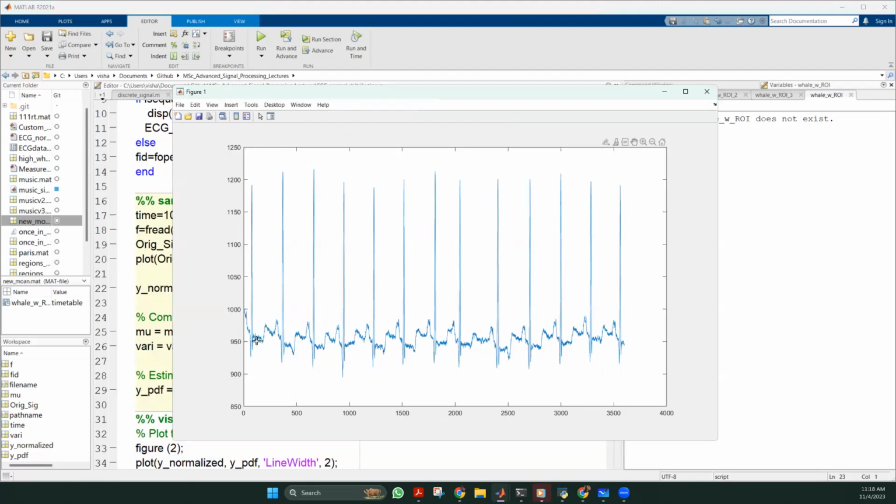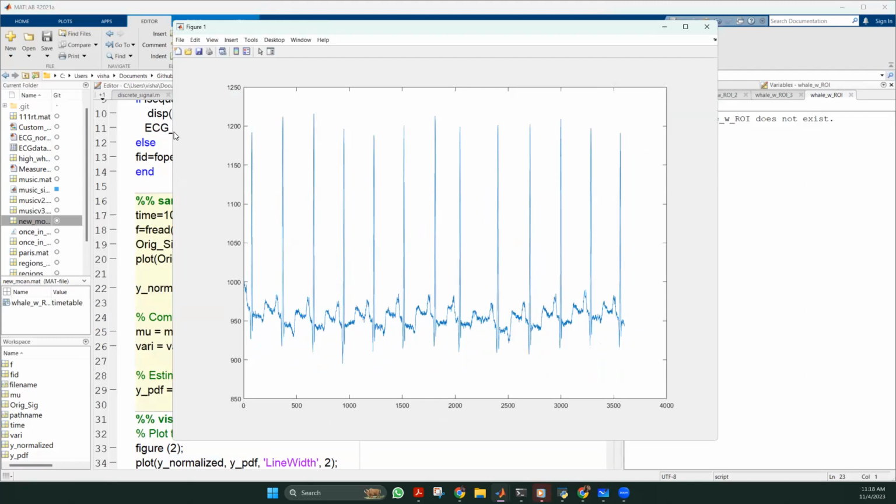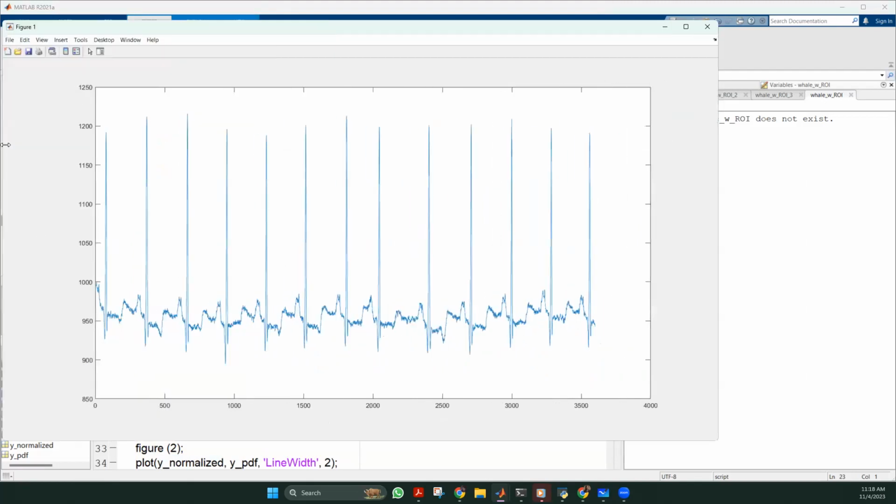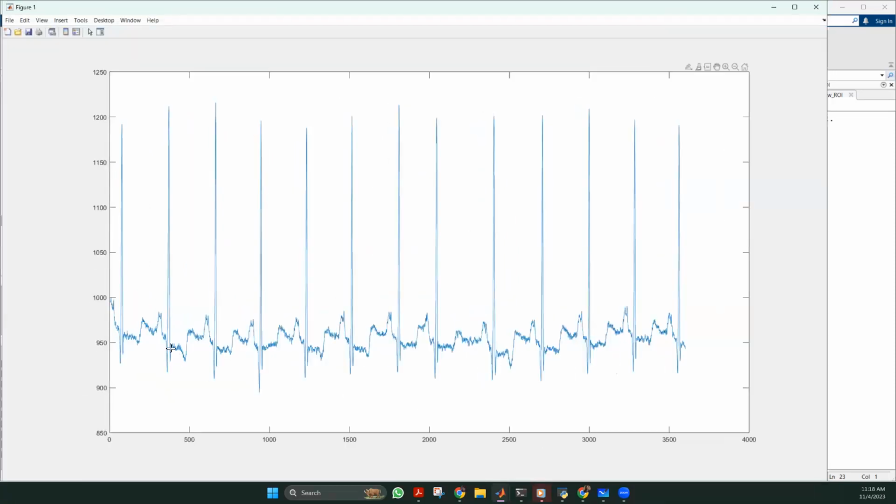We can see some noise is included in this signal, right? There are slight variations, like a noise-like addition in this signal. Because of these kinds of noise signals, randomness is added into this ECG signal.